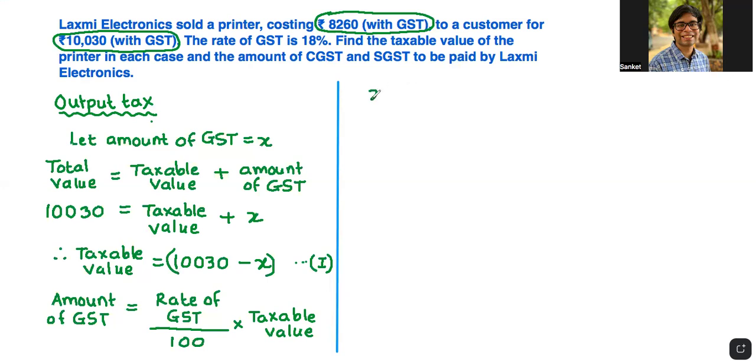So amount of GST, I have considered it as X. Rate of GST is given to me as 18%. And taxable value from equation 1, I know it is 10030 minus X.